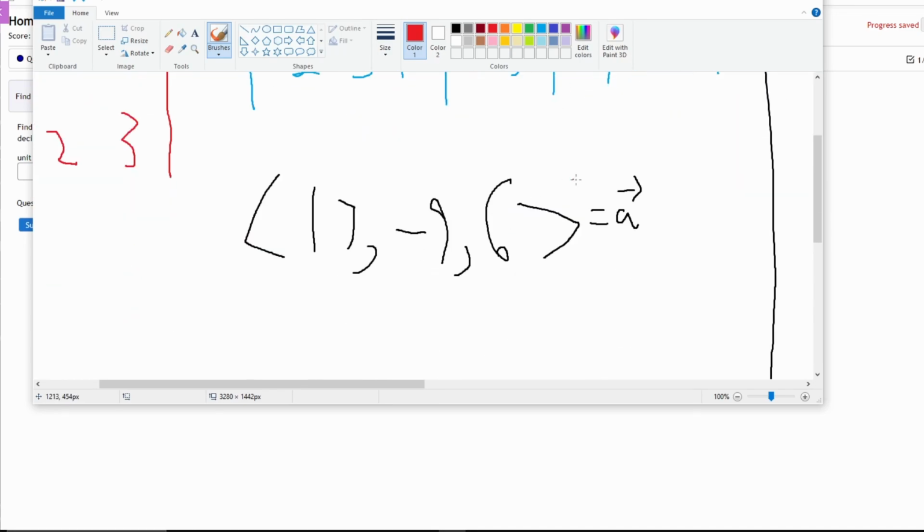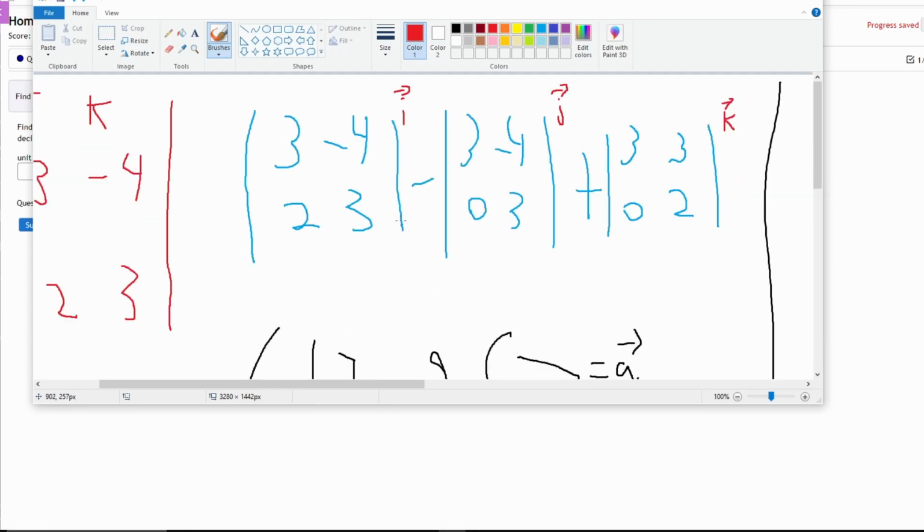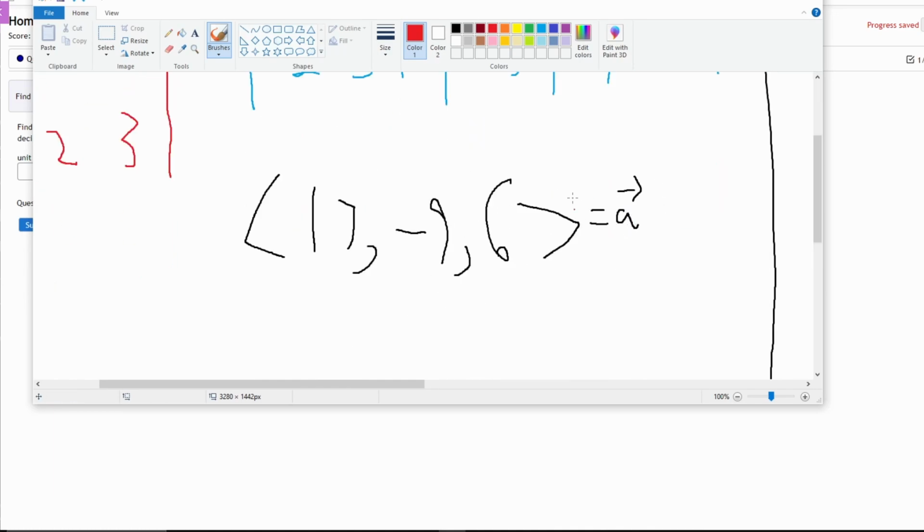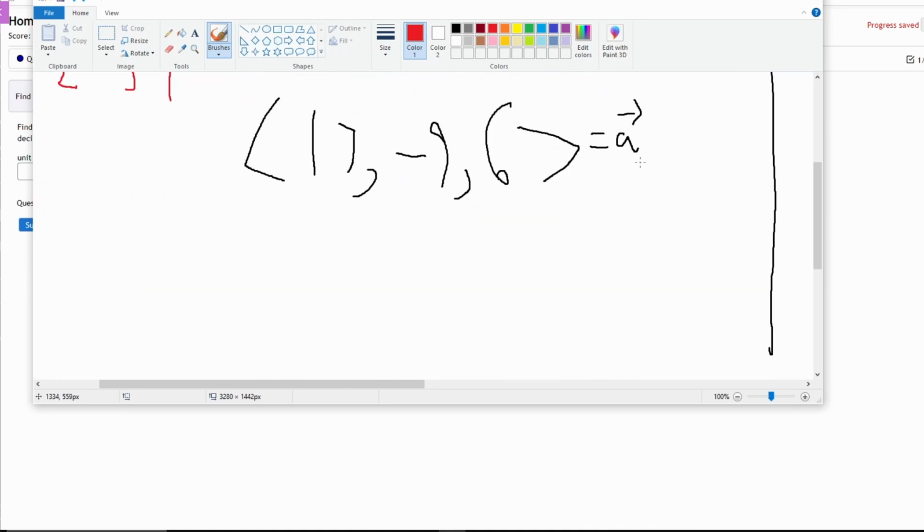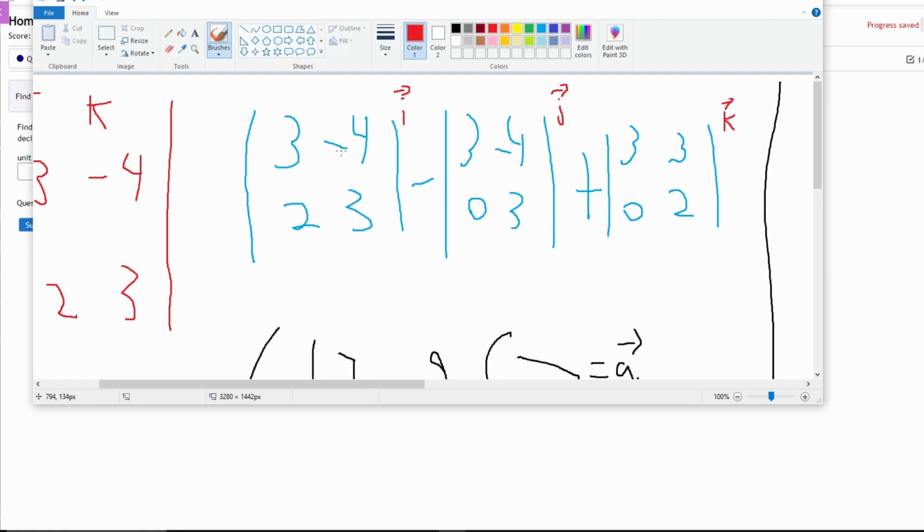Now, I arbitrarily named the resultant vector as vector A, just for ease. To actually solve for the i, the j, and the k, we take the cross product, and what that means is literally crisscross, cross multiplying. The 3 multiplied by the 3 is 9.